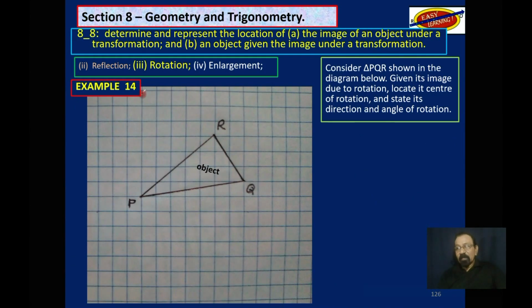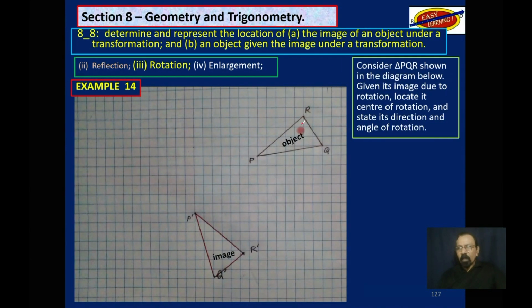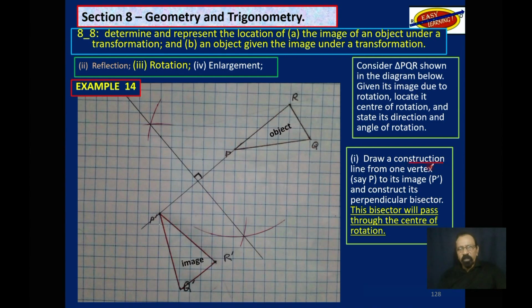So we have an object, this is example 14, and we have an image. Our task is to locate its center of rotation and state its direction and angle of rotation. Once you understand the first part of this, it becomes very easy. You will draw a construction line from one vertex, say P, to its image, P prime, and construct its perpendicular bisector.